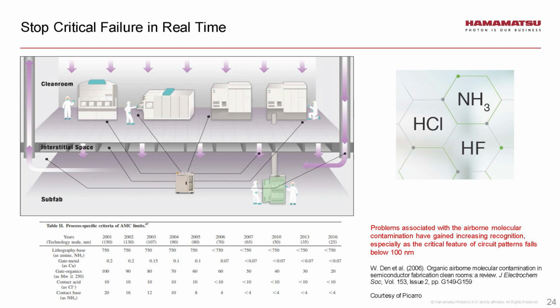Going back to the airborne molecular contaminants, this model is courtesy of Picarro. This is just a quick model of, if you have a clean room, how you can guide everything into a single laser system. And some of the usual suspects can be detected in systems like these, like HCl, HF, and ammonia.